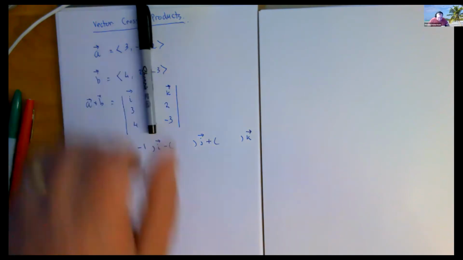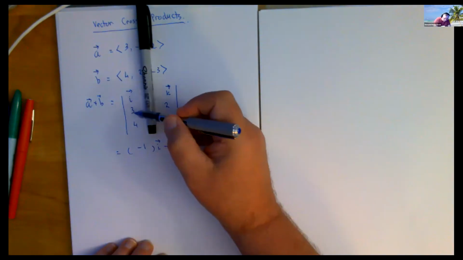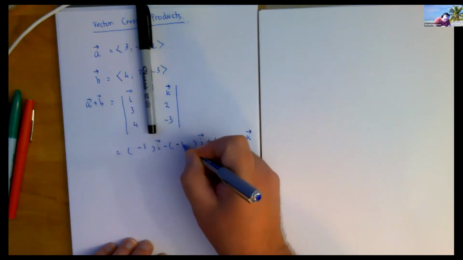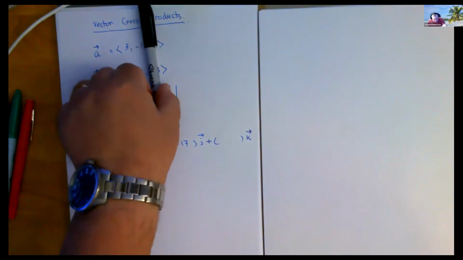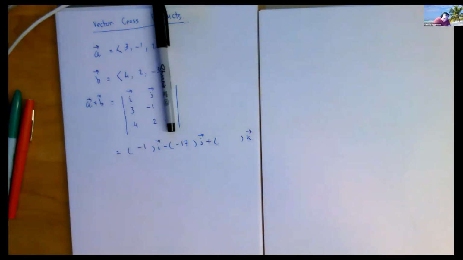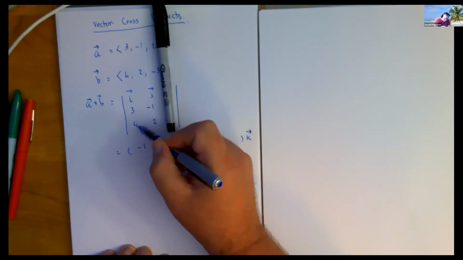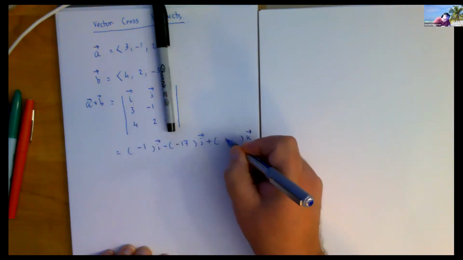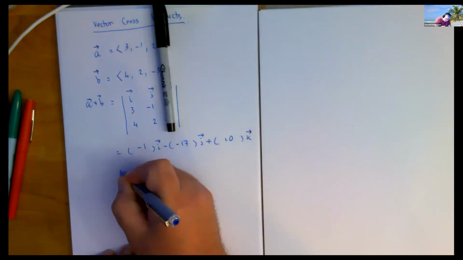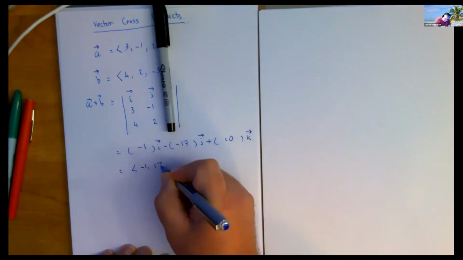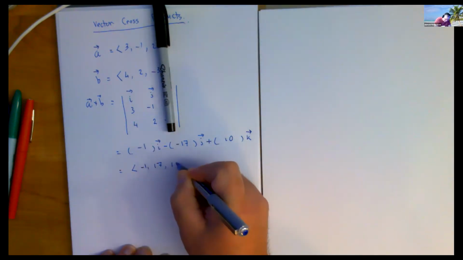For the j component, major diagonal -9, take away 8, that's -17. And the last one, 3 times 2 is 6, take away -4 is like adding it, 6 add 4 gets you 10. So what do we have? We have -1, two negatives make a positive, 17, and finally 10.